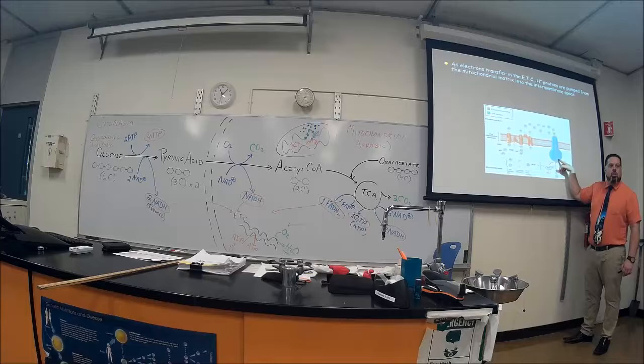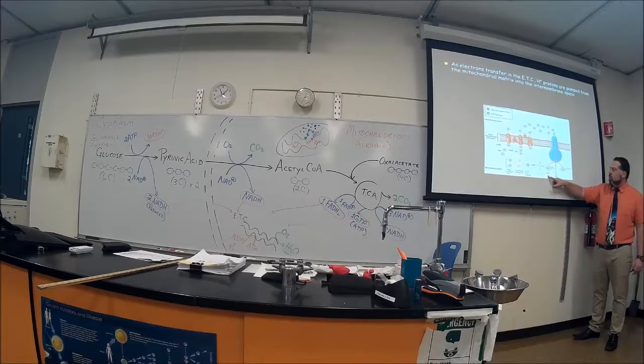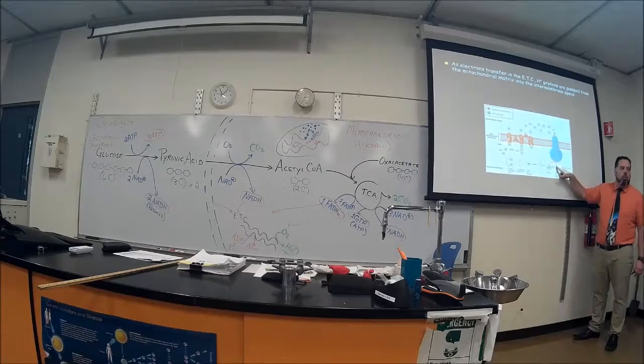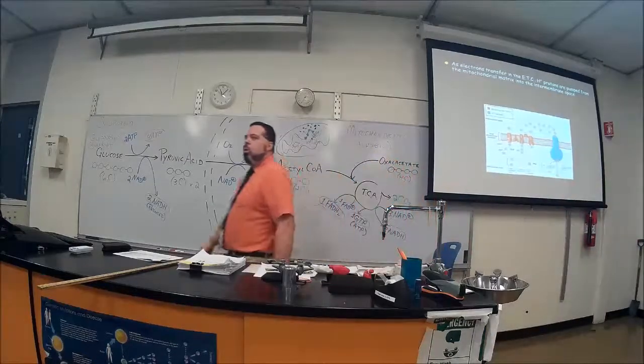There's your synthase. When it comes back in here, the ADP is going to bind with another inorganic phosphate to make ATP. But it has to have a hydrogen to do that. So you've got to visualize this whole picture coming through here.